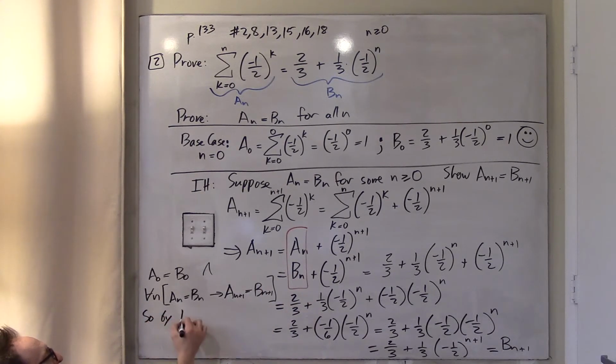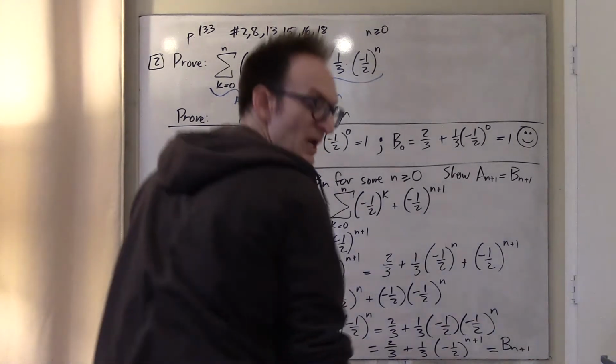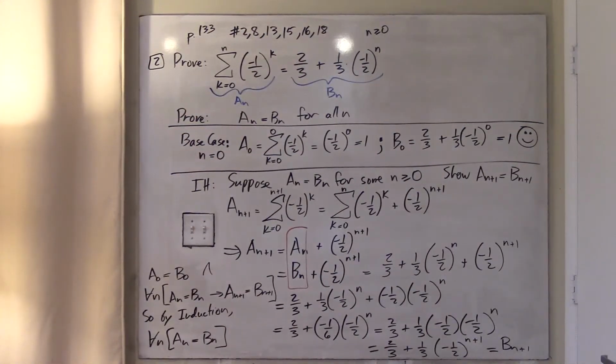So by induction, in fact, a sub n equals b sub n for all n. It's true for 0, and whenever it's true for a number, it's true for the next number, so therefore by induction it's true for all numbers. Okay, good. Pausing this, coming back in a second to do more.